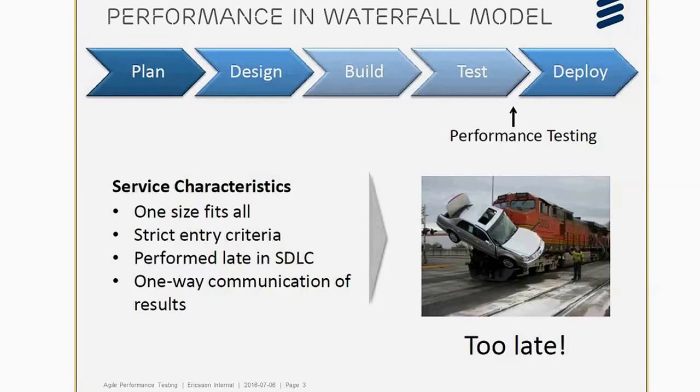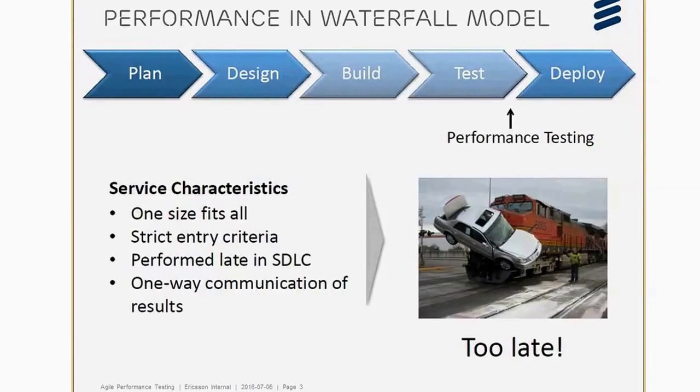So any bottlenecks or issues corresponding to design, planning, or even the actual code base go for a toss, and one can't fix it for that particular sprint or model. And as you can see, it's a one-way communication of the results, and ultimately it leads to a big failure. So this is what the waterfall model has been doing.